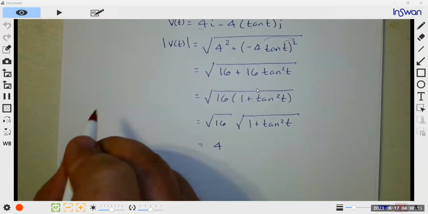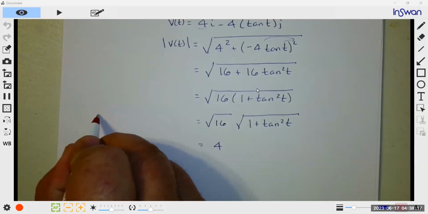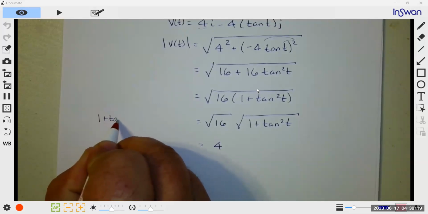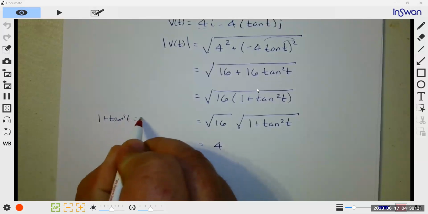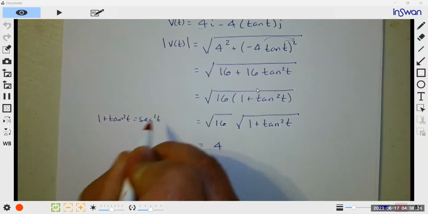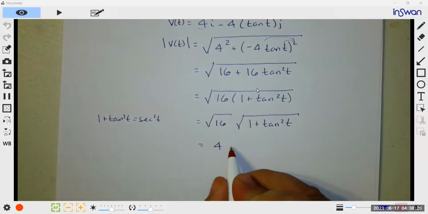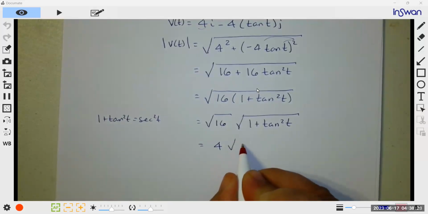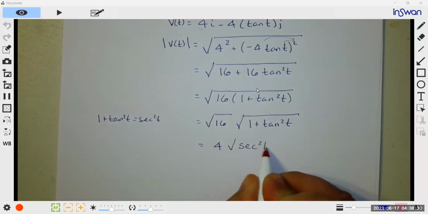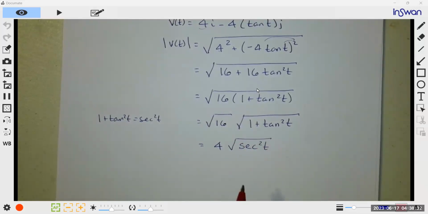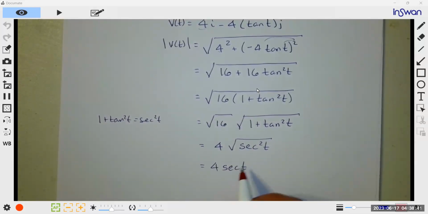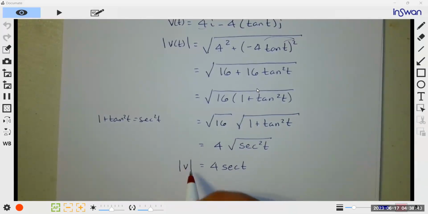If you look at your trig sheets, 1 plus tangent squared equals secant squared. So we have the square root of 4 secant squared t, and the square root of secant squared is secant t. So that's what our magnitude is.